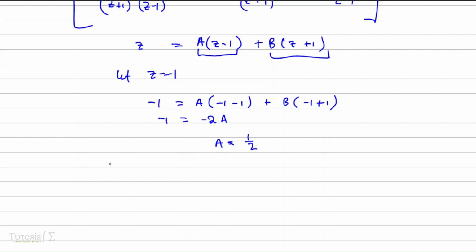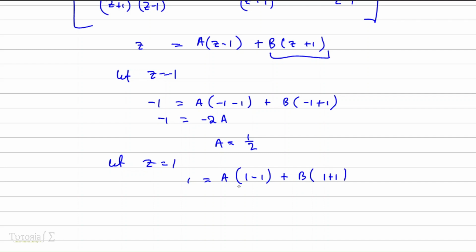So we'll let z equal 1, and then this part will be 0. Let me just write it. So a(1 - 1) + b(1 + 1).